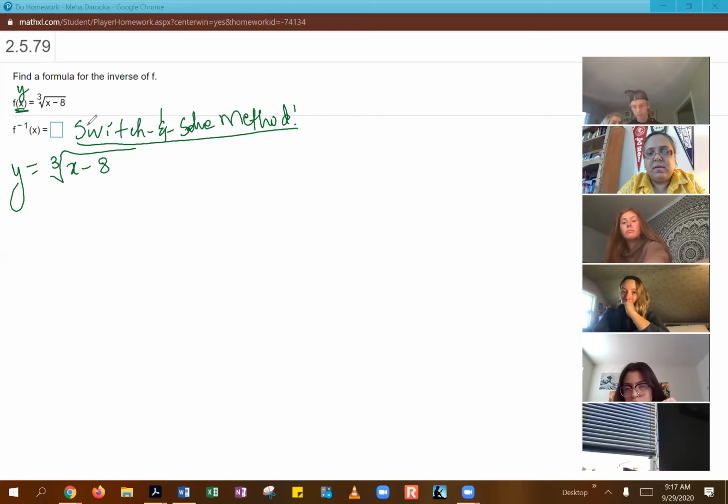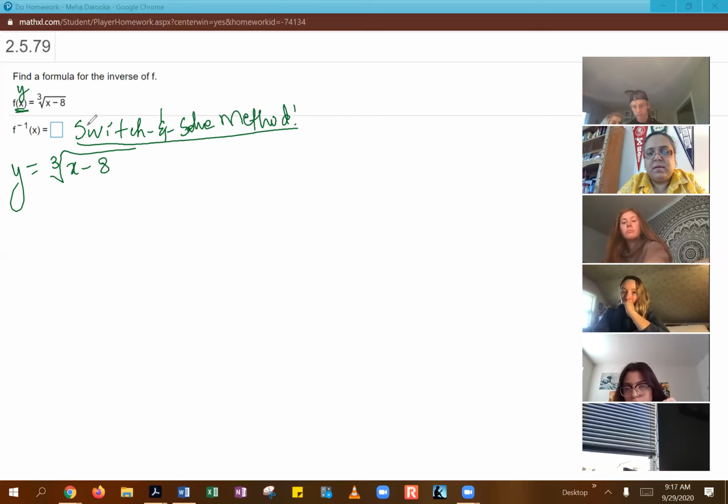Then to get that y by itself, we would add that 8 to both sides, and you would end up with x cubed plus 8 equals y. Then replace that with your inverse notation, and we end up getting x cubed plus 8 as our inverse function.